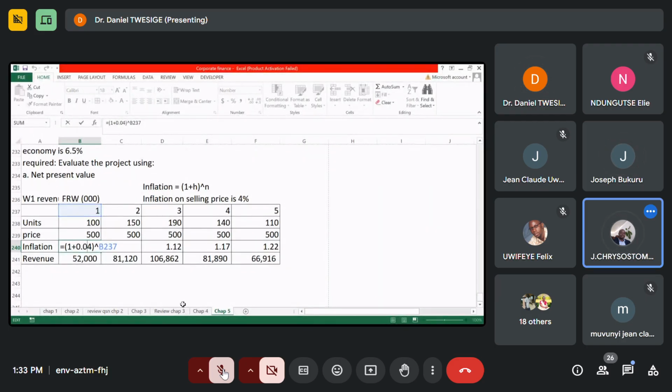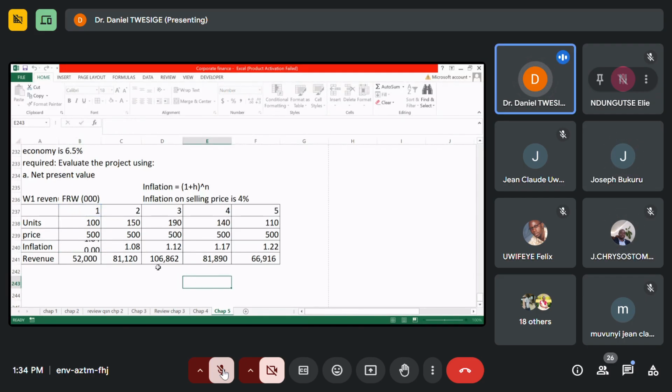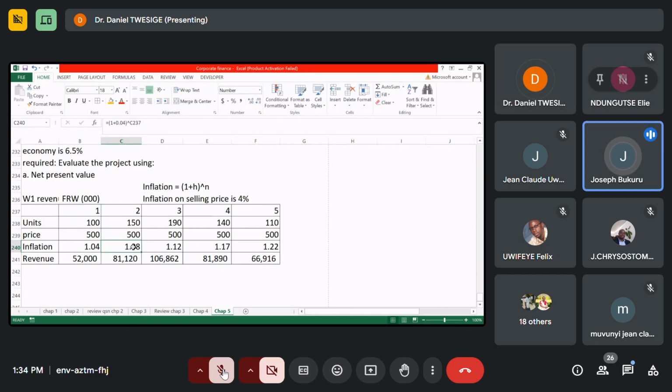Excuse me, yes, please. What are we asked to find or to determine? Our requirement is evaluating the project using NPV, but we have inflation. Okay. Then in the second year it's the same, it will be power 2.